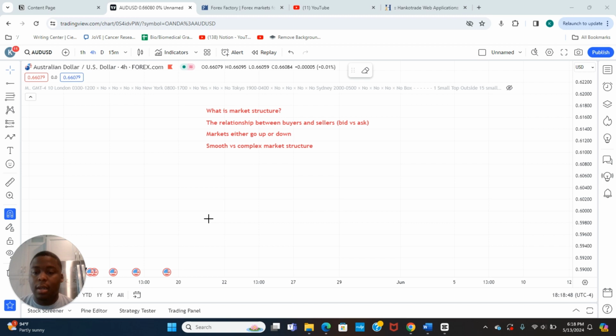Now, like I said, looking at each time frame, the market will either come out as smooth versus complex market structure. I will get into more examples of that later. But first, I like to think of market structure and the way money flows in the market like a wave formation. And everyone knows a wave, when it comes to shore, can come crashing or come in smoothly depending on the tide.